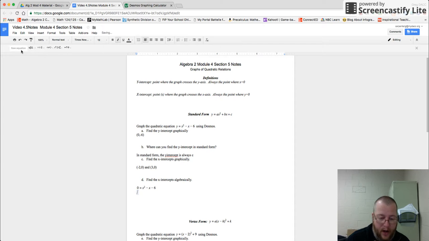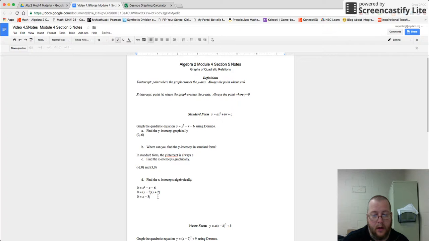Now, this is a quadratic, which we can solve lots of different ways. We can do our quadratic formula. We can do complete the square. I'm just going to factor it because this is actually a pretty easy one to factor. You could use your rectangle factoring, but this will factor as (x minus 3) and (x plus 2). So if I solve each of those individually, 0 equals x minus 3 and 0 equals x plus 2, I get x equals 3 for the first one and negative 2 for the second one.